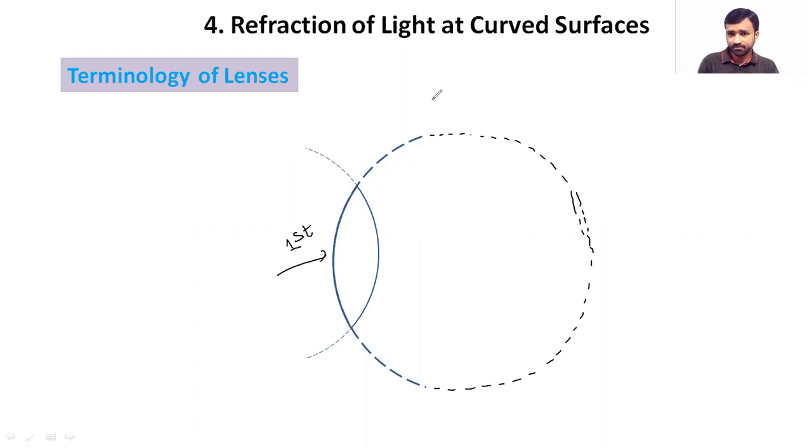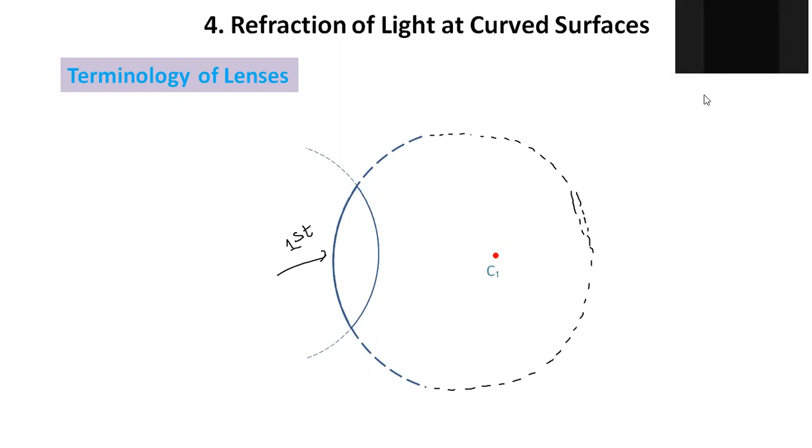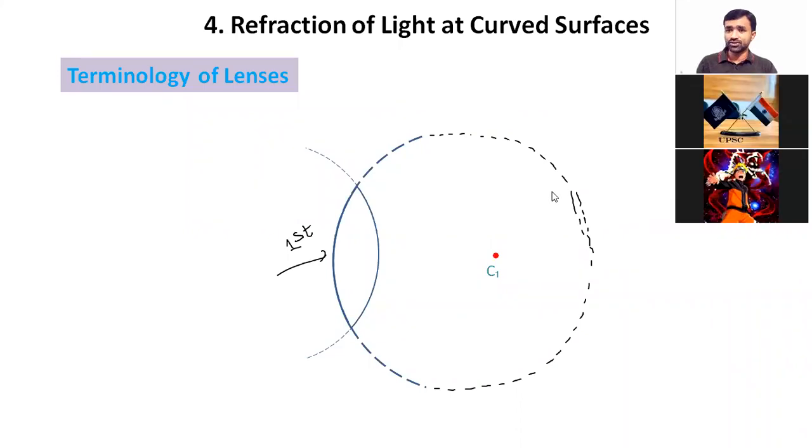Its center is located towards the right side, right? So here I identify its center, and I name it C1, because it is the first surface's center. Is it clear, everyone? Why did I name it C1? Because it is the first surface and its center is towards the right side.